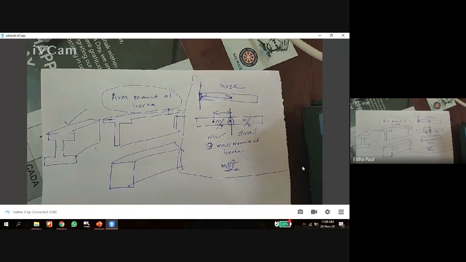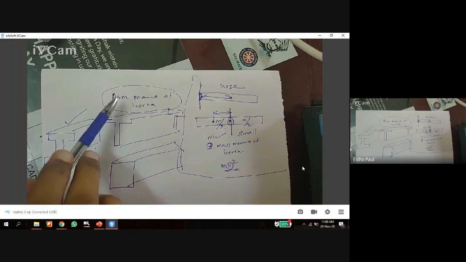The resistance offered by a member or a structure against bending is a cross-section property. More specifically, the resistance offered by a cross section against bending is called area moment of inertia.